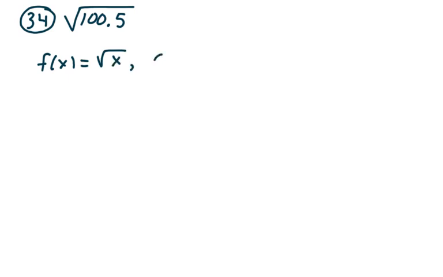And what do I know the square root of nicely? Well, I know the square root of 100 nicely, and so I'm going to let a equal 100. Now, f prime of x is 1 over 2 times the square root of x, by the way.